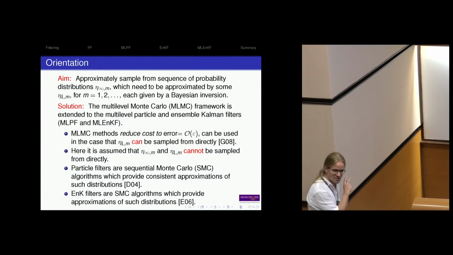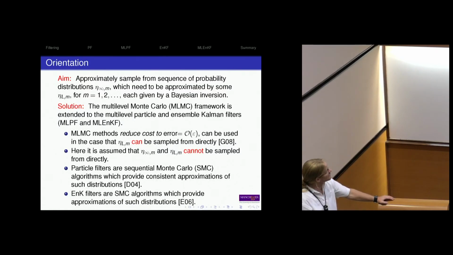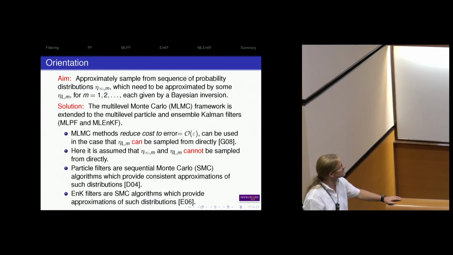Of course, I should have cited the Gordon paper of 1993, but this is Pierre's book from 2004. Ensemble Kalman filters are SMC algorithms which provide approximations of such distributions as well. This is Evensen 2006.